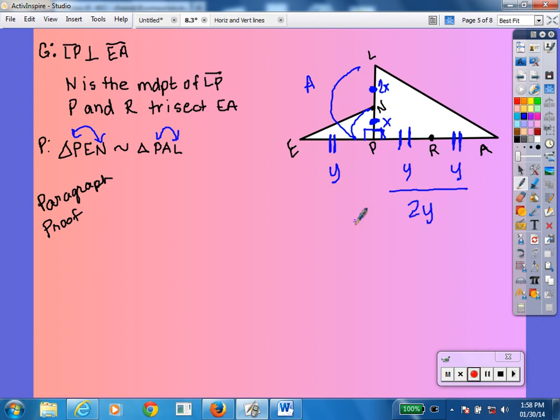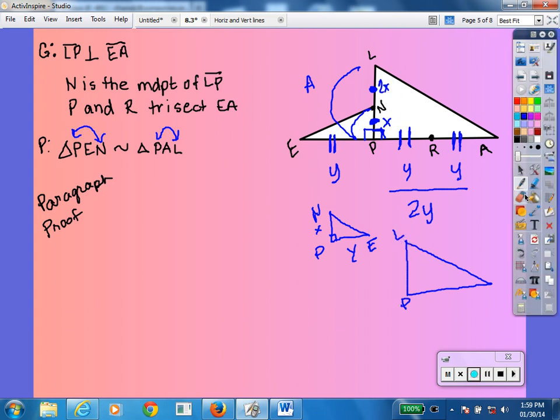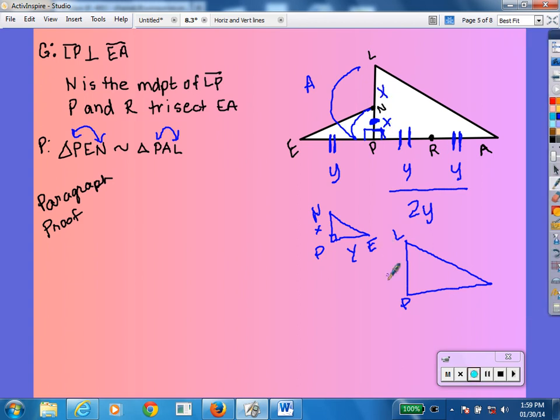So you can see, if I pull the two triangles apart really quick, I think I'll make them face the same direction here. So here's the little triangle. This is P and E. All right, we got a right angle, and we got an X here, and we got a Y there. And then if we do the bigger triangle, from P to L, we decided that that was X as well, but putting them together is 2X.